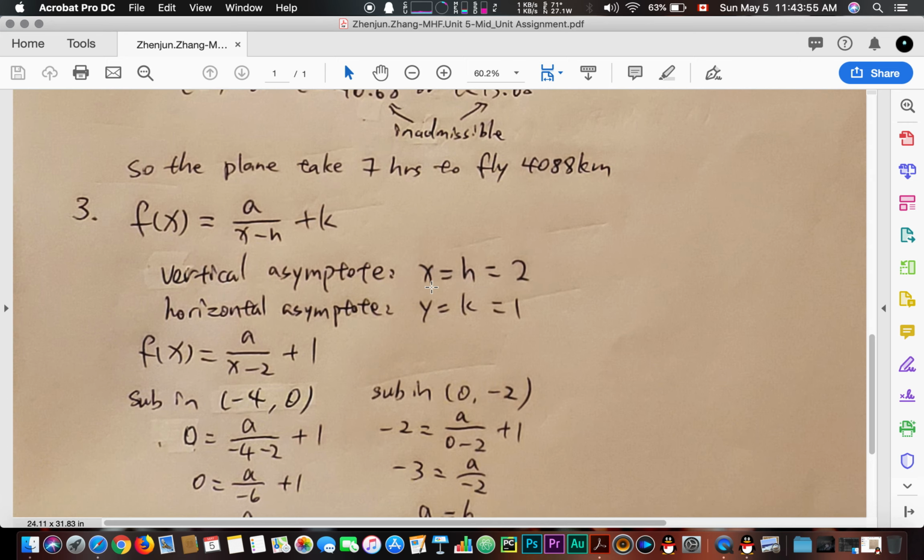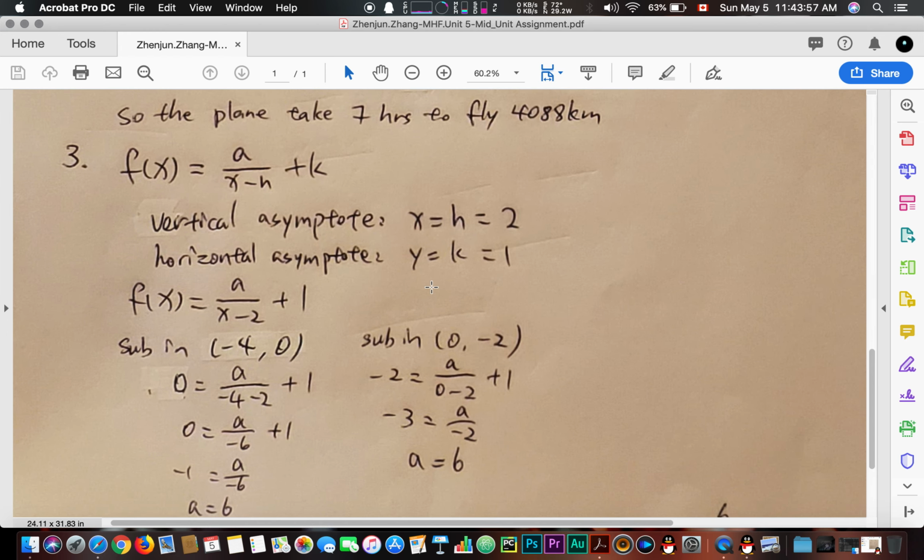So we will start with the original format, f of x equals a over x minus h plus k. So we have a vertical asymptote x equals 2, which equals h, so you plug 2 here into h. And you have your horizontal asymptote y equals 1, which equals k, so you put the k down here.